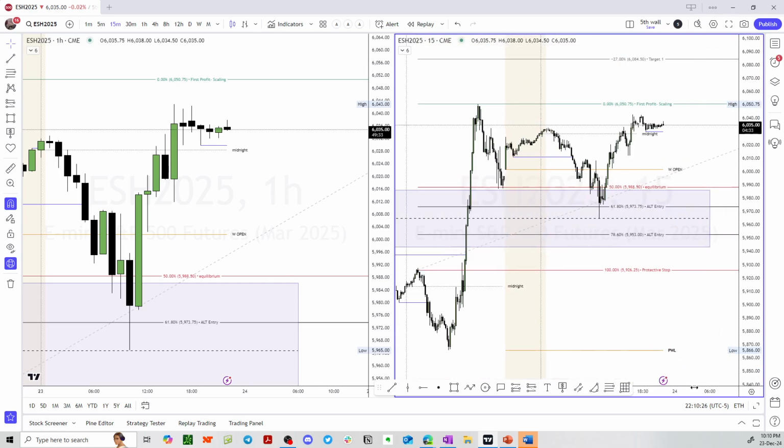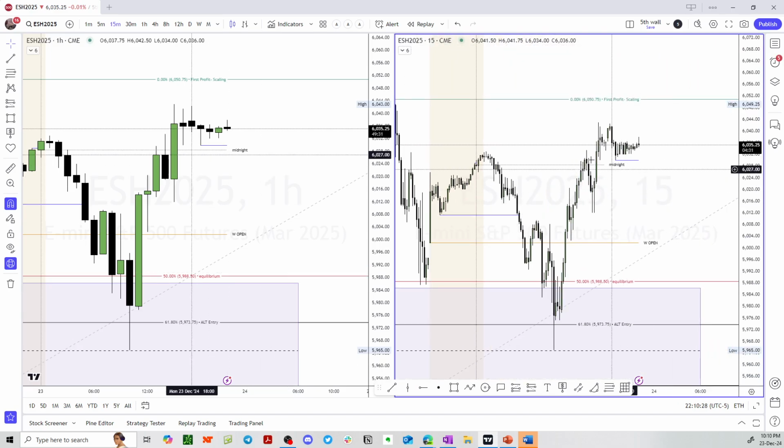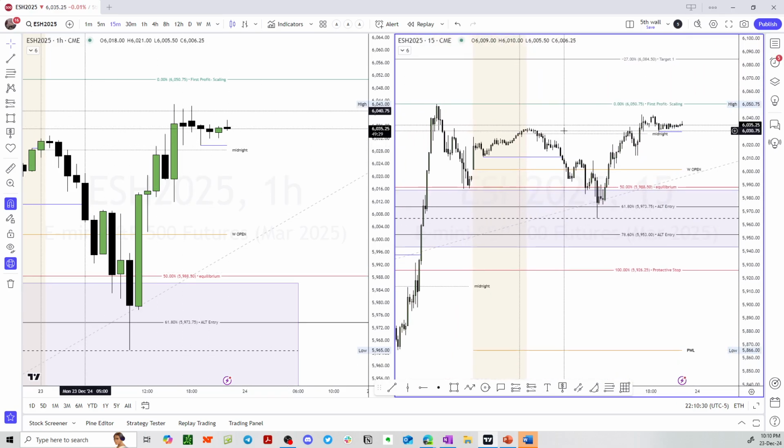All right, so it's literally the trade I wanted to highlight. So we also have our market last night when price moved up here. This is what I was looking at here. Highlight both.